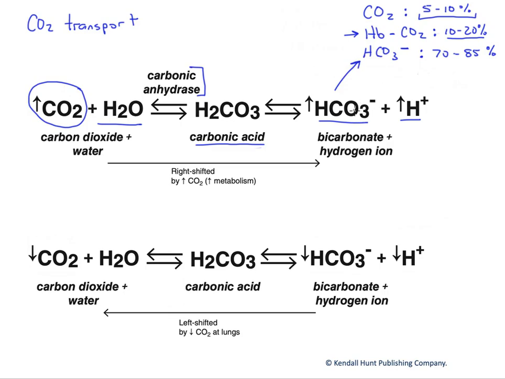Now, what we want to do is strand it as that ion, because you can imagine as this reaction is right shifted, as the CO2 is produced and reacting with water, the metabolites over on this side are going to accumulate. Well, they could re-react and drive it backwards, and we don't want that to happen. And so what we do is the free protons end up getting buffered by binding to hemoglobin.